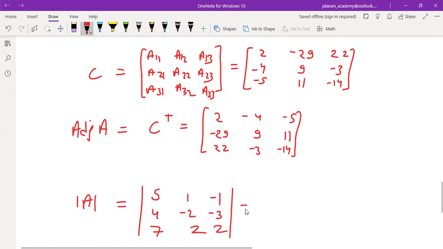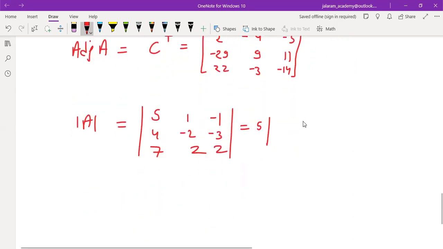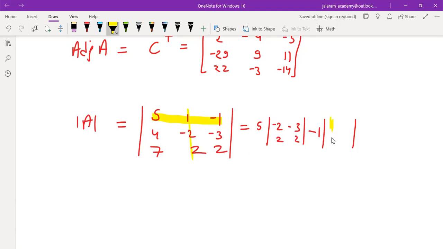So it is obtained by 5 into the determinant obtained by deleting first row, first column, which is minus 2, minus 3, 2, 2, then minus 1 into determinant obtained by deleting first row, second column, 4, minus 3, 7, 2.